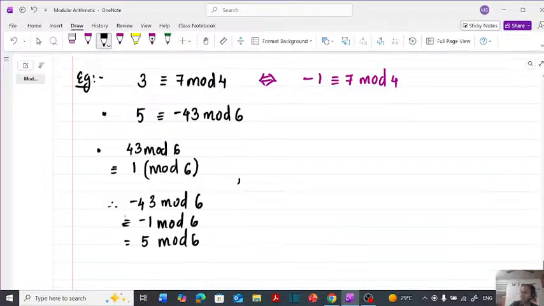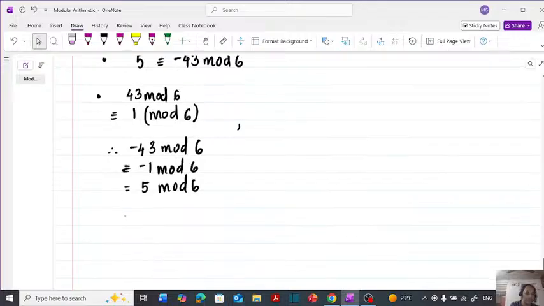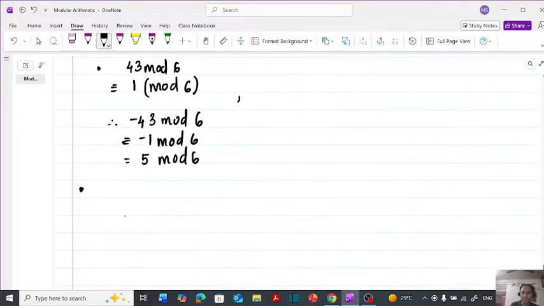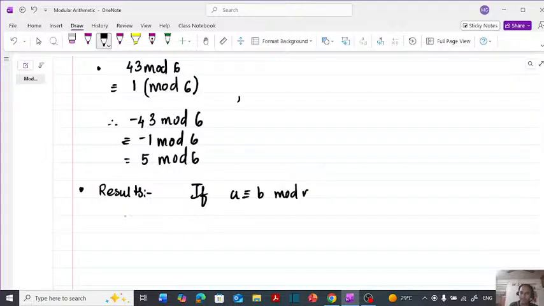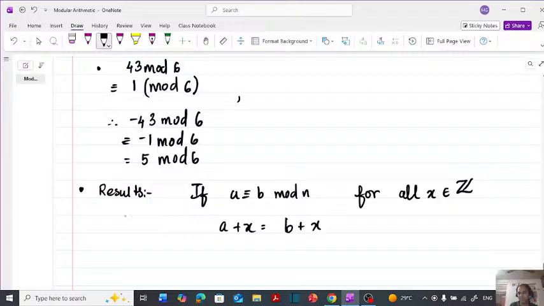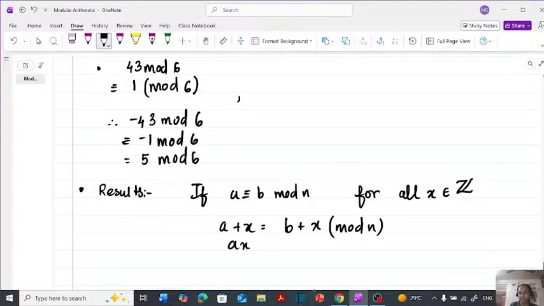Okay. Now, some important results regarding congruences that help you to understand congruence equations are these. First, if you have A congruent to B mod n, then for all x in Z, A plus x is B plus x mod n, all right, and then AX is equal to BX mod n.